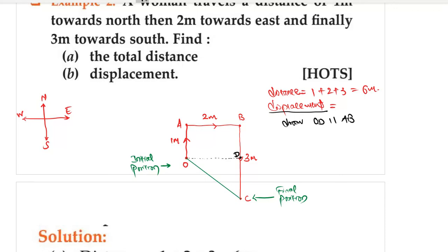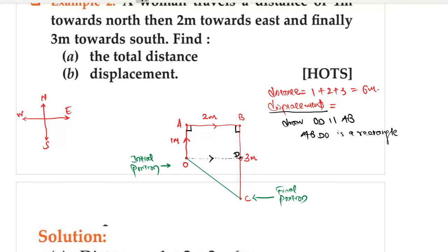Now ABDO is a rectangle because this angle is 90 degree.